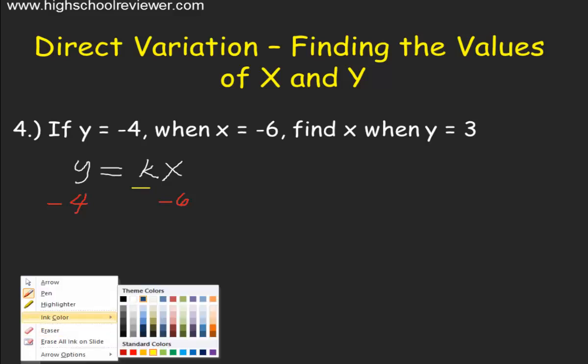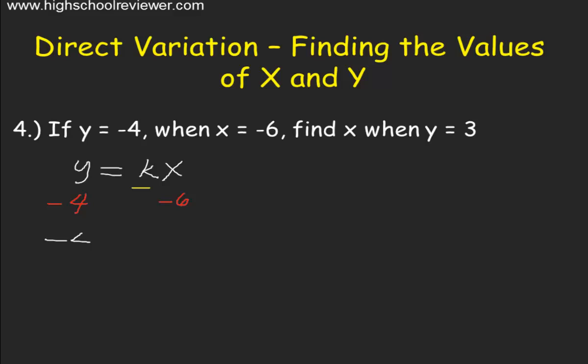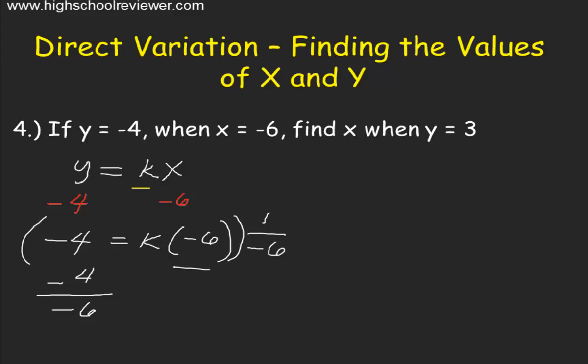To find k, we have negative 4 equals k multiplied by negative 6. So we need to cancel out negative 6. Divide both sides of the equation by negative 6. So negative 4 over negative 6 equals k times negative 6 divided by negative 6.